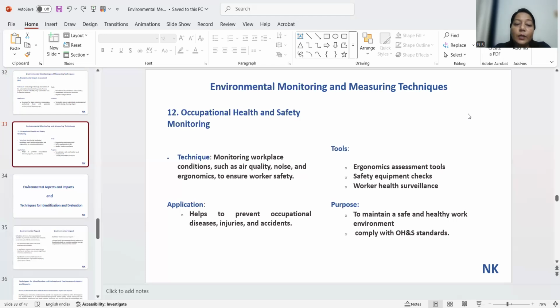In the tools part, ergonomic assessment tools, safety equipment checks, and worker health surveillance. The purpose is to maintain a safe and healthy work environment and comply with OHS standards.